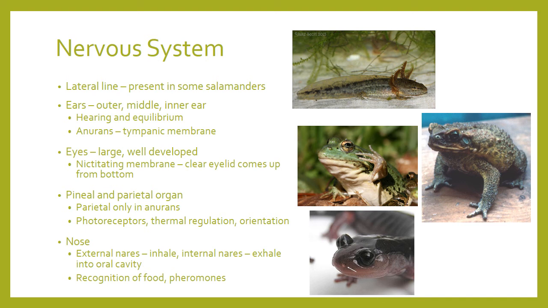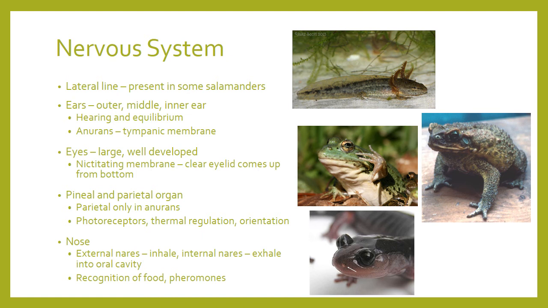They have an outer, middle, and inner ear. Most species have all three parts. And the ears help with both hearing and equilibrium, so maintaining equilibrium. And anurans especially have a well-developed tympanic membrane, so that's analogous to our eardrum, and you can see it here, you can see it behind his hand there.